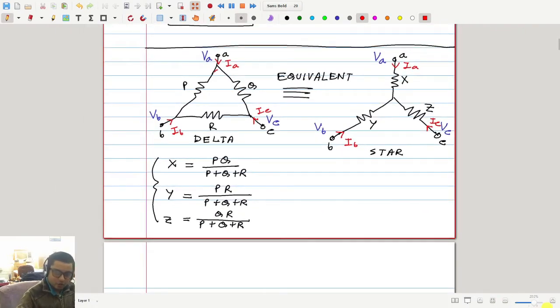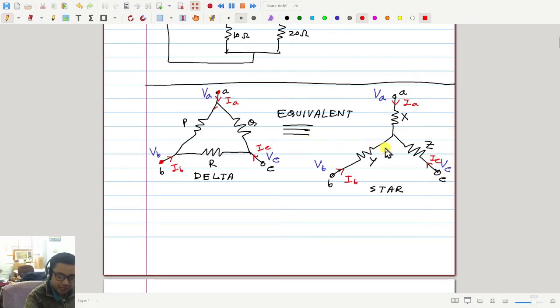Okay, so first of all, if these two configurations are equivalent, then if we measure the resistance between node A and B in this configuration, how much is that here?